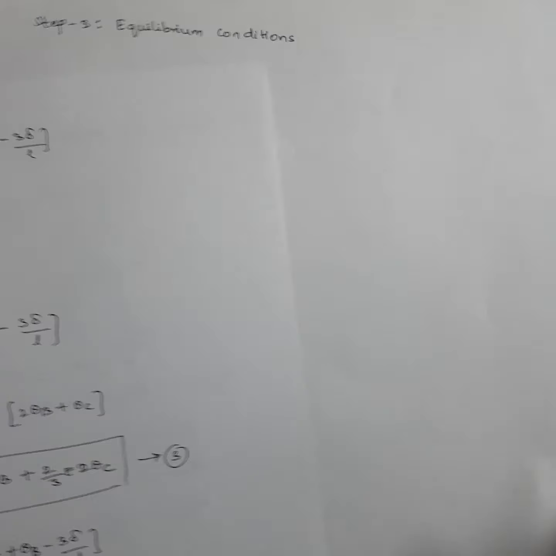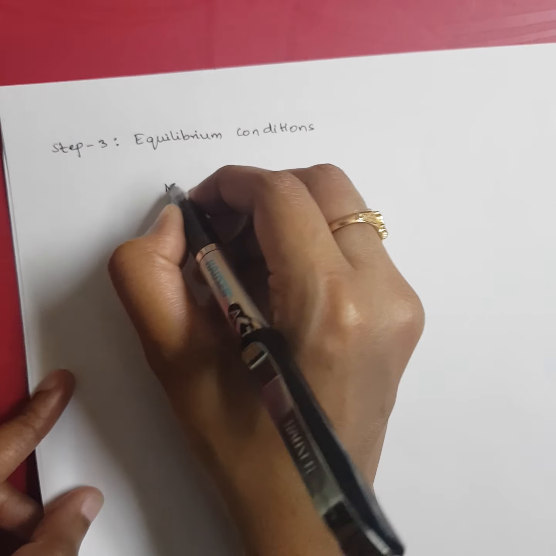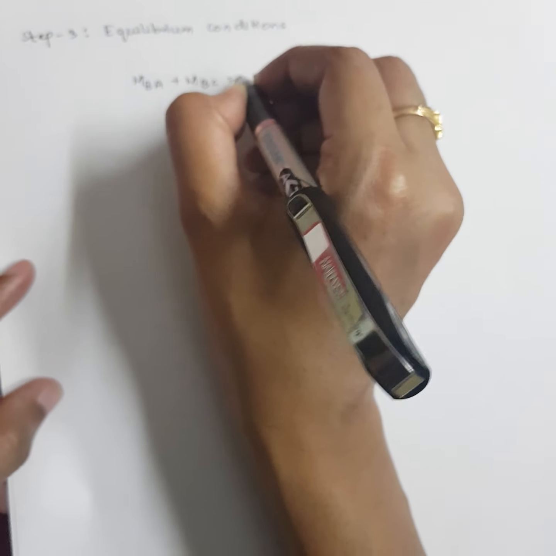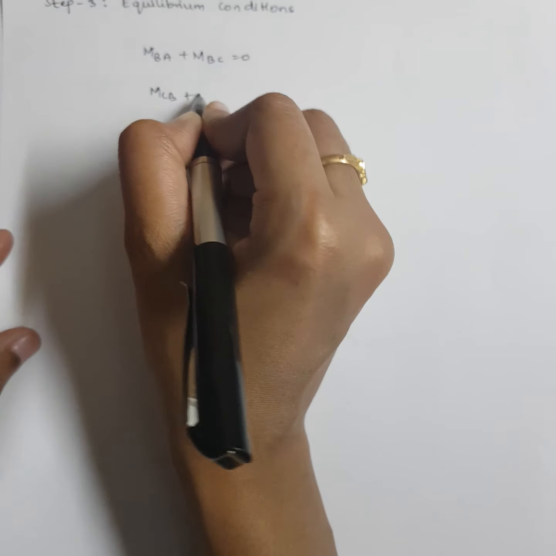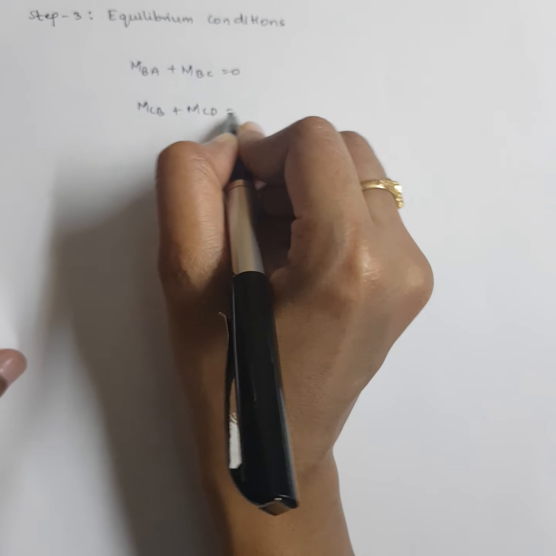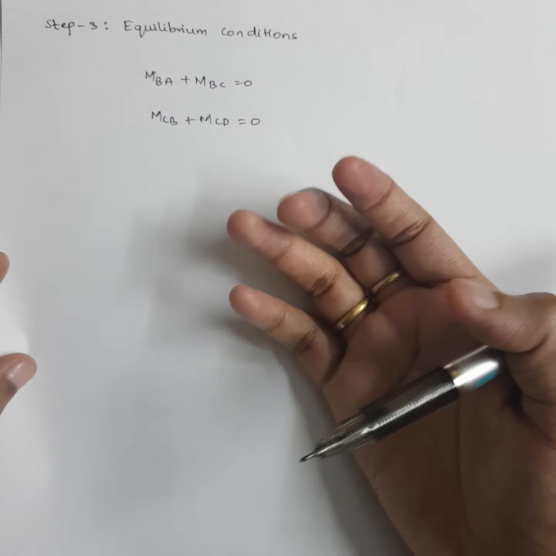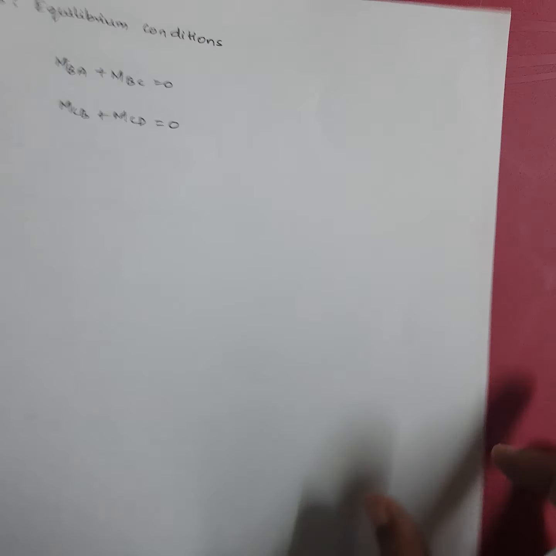Okay, now I'll write those equations. So first let's write the two equilibrium equations. What are they? MBA plus MBC is equal to 0, and similarly MCB plus MCD is equal to 0. Why? Because we have only two unknowns, theta B and theta C. So we require only two equilibrium conditions to find the unknowns. So I'll write first MBA plus MBC.